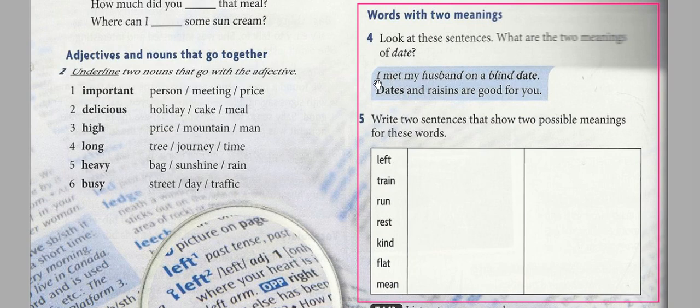So here we're talking about a kind of fruit, yes. Okay, so you're supposed to do the same with these words here. So offer 2 sentences and 2 different meanings to the word. So please send me this work and I will give you feedback.